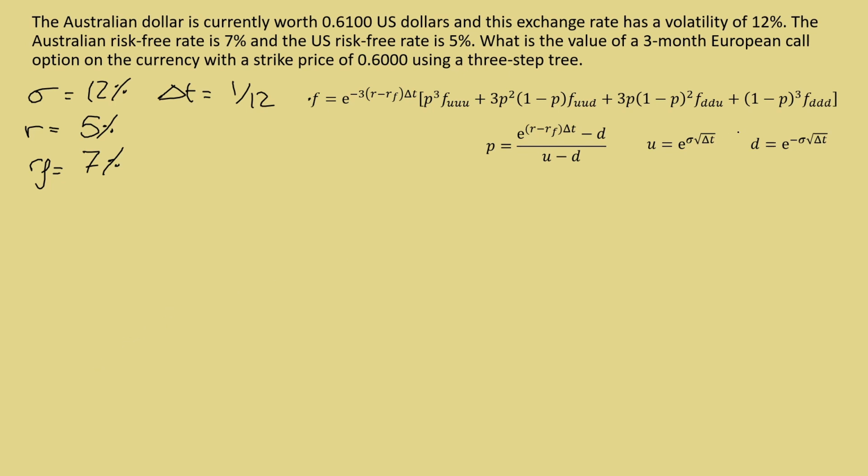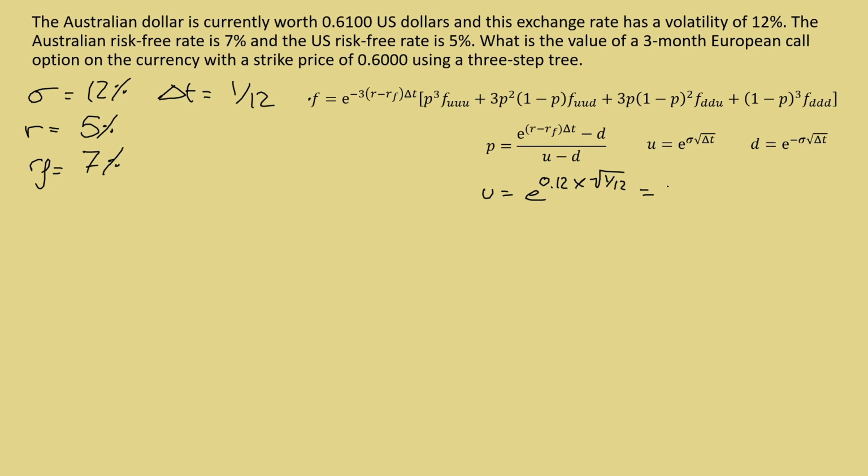So before drawing the binomial tree, we need to find out U and D. Remember, U is the magnitude of an up jump, so by how much the currency goes up, and D is the magnitude of a down jump, so by how much the currency goes down. Okay, so in this case, U is going to be equal to e to the power of the volatility, so 12%, 0.12 in decimal places, times the square root of the time period, which is 1 over 12.